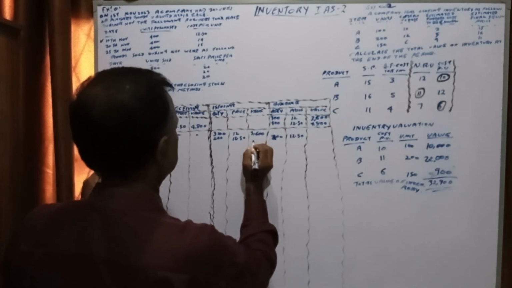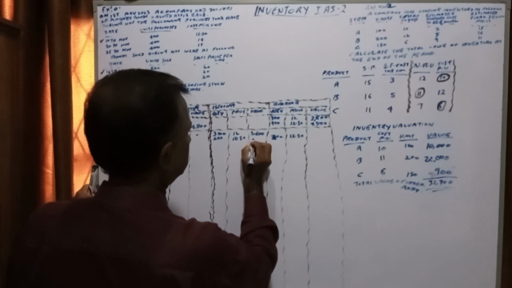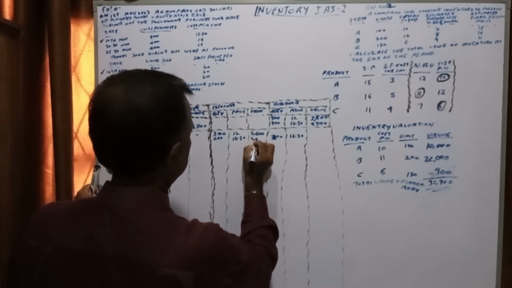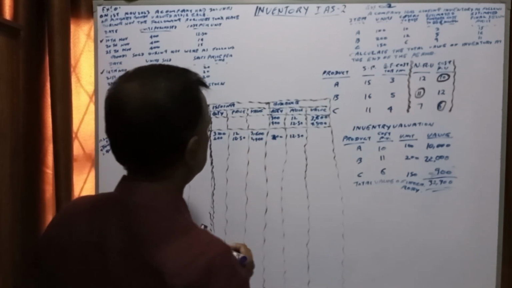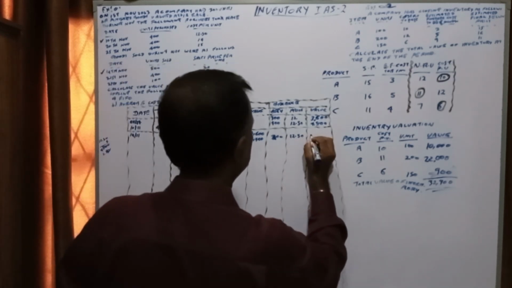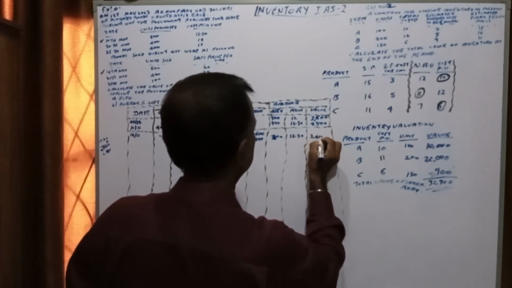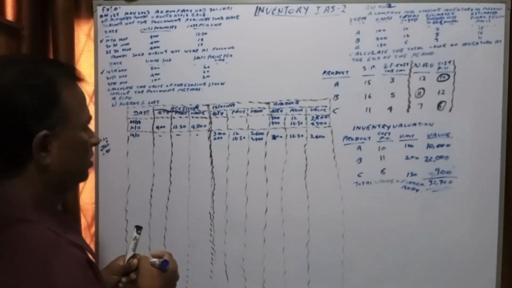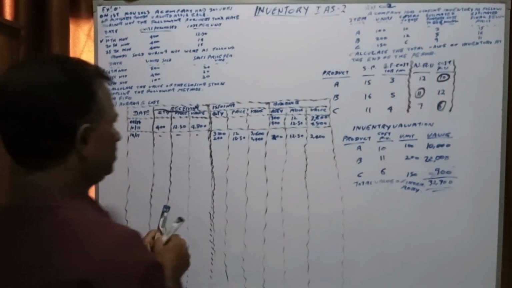Balance is also 2400. Shall we close this one?